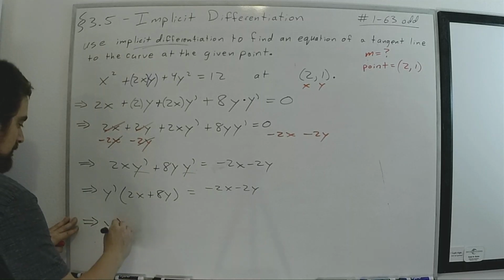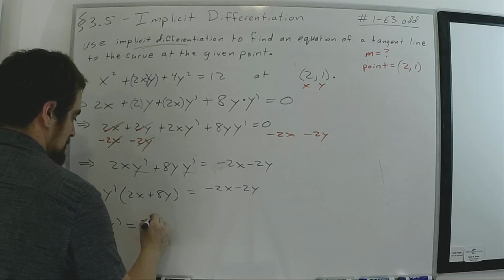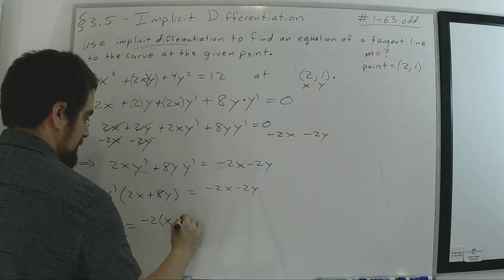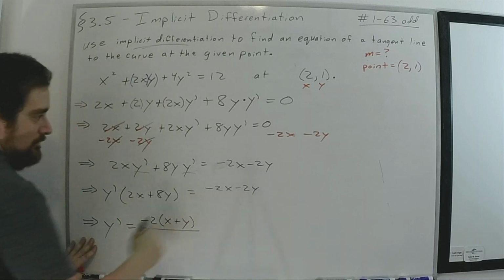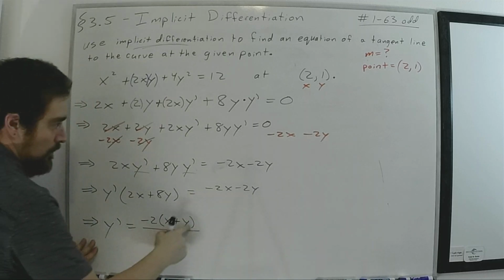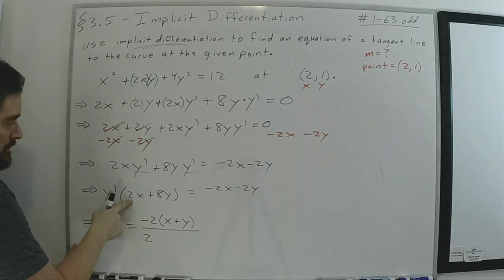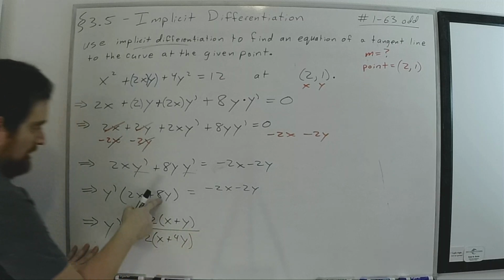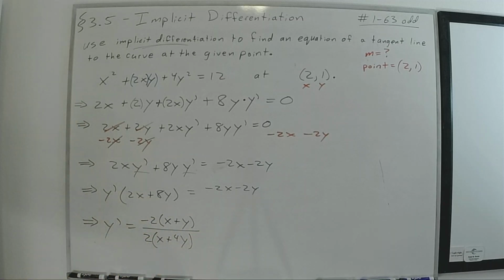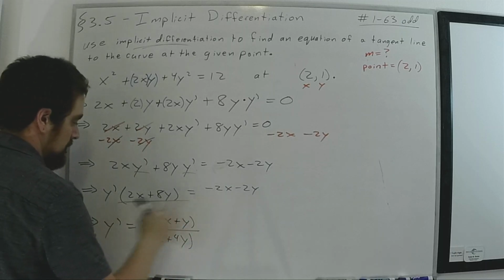And this will reveal that my derivative, y prime, is going to be negative 2. I'm going to factor that out. When I factor the negative 2 out, I get negative 2 times the quantity x plus y, because I'm also factoring out the negative. And then I'm going to write 2 times the quantity x plus 4y. Be careful because there's an 8 there. So if I factor out the common 2 after I divide, let me show you.